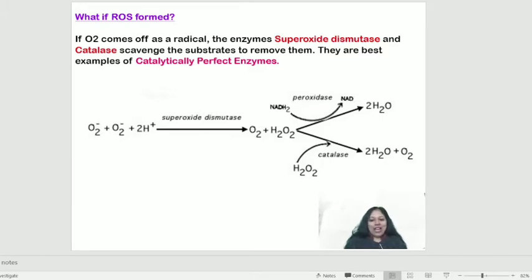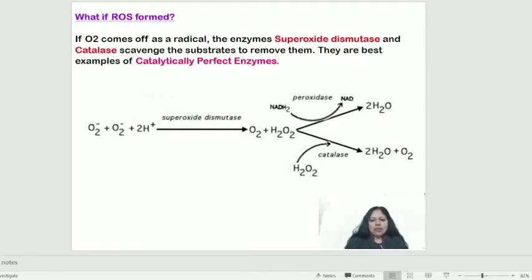Let's discuss what superoxide dismutase does. Two superoxide anions are formed. If they are formed and released, superoxide dismutase scavenges them to form molecular oxygen plus H2O2, or hydrogen peroxide, by consuming two protons.